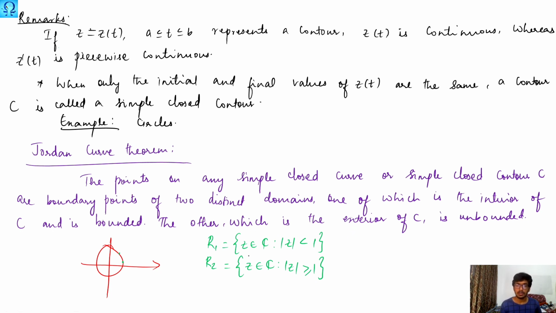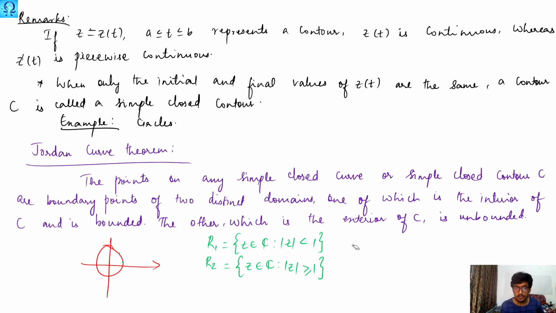Among these, one can be the interior of the curve C, and the other, if you have included the point here, that will come inside. If you do not include it, it will go outside.